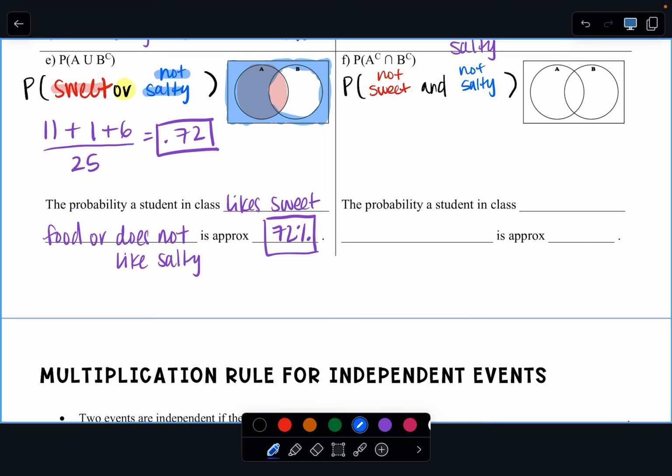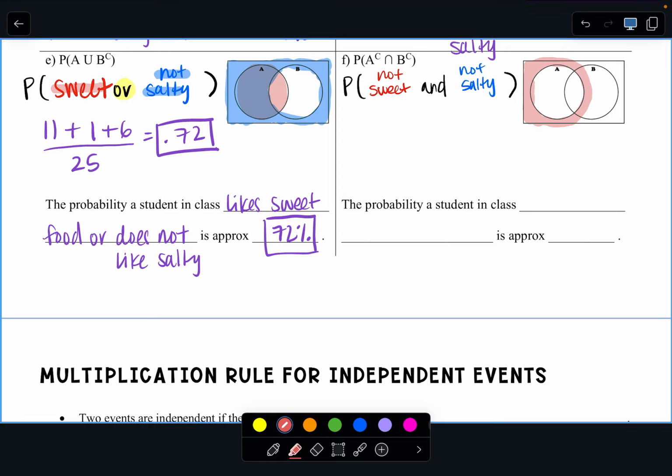But just to kind of show you what this would be, if I wanted not sweet, that's everything outside of circle A. If I wanted not salty, that's everything outside of circle B. And so since both of these things have to be true, now don't shade in everything, I'm going to shade because you're going to have to do erasing and I don't want you to have to erase colored pencil.